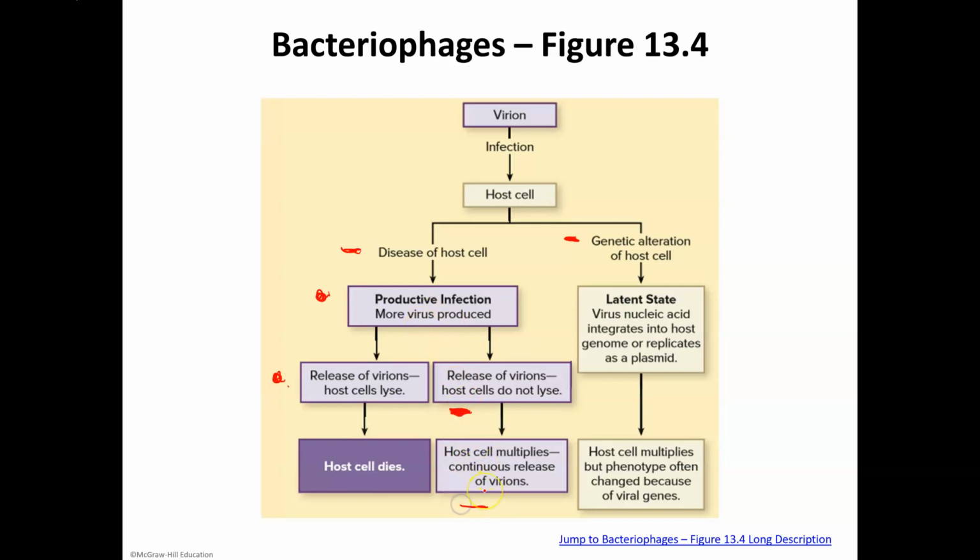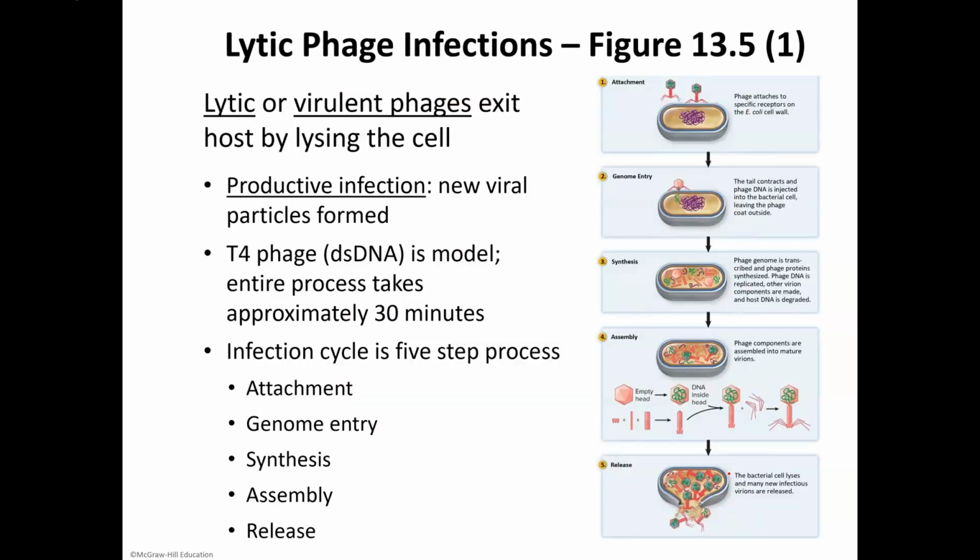And then if you're in a latent stage over here, this is that temperate phage, it can enter into the host cell and then it incorporates its own genome into the host cell and then replicates along with the host genome. And so now the host has specific characteristics that differ from the normal genome because now they have viral genes as well.